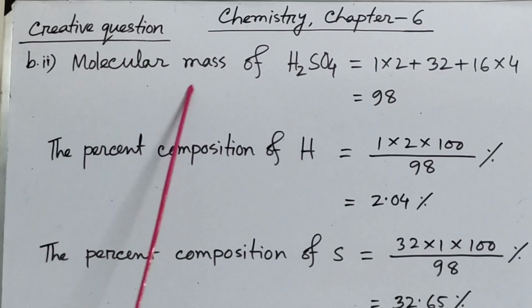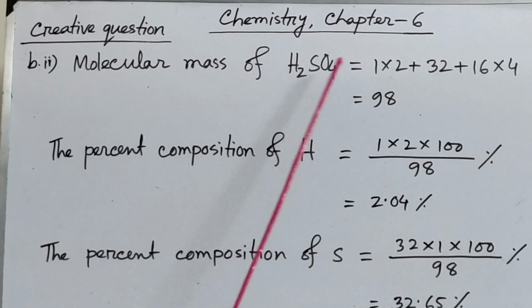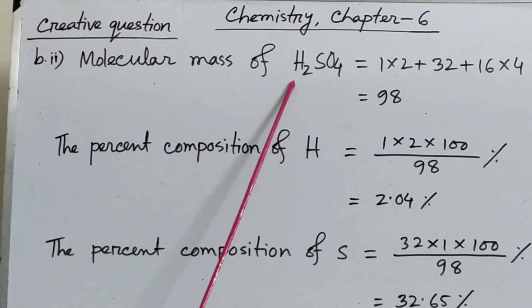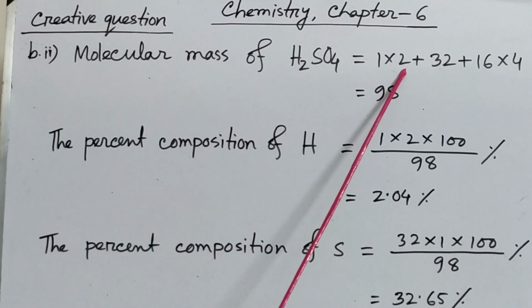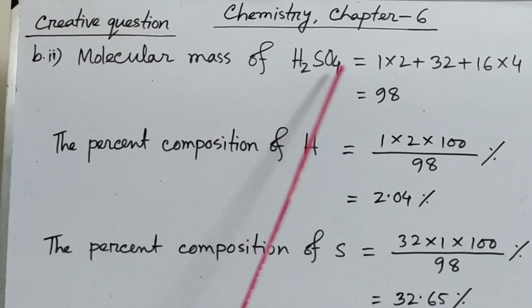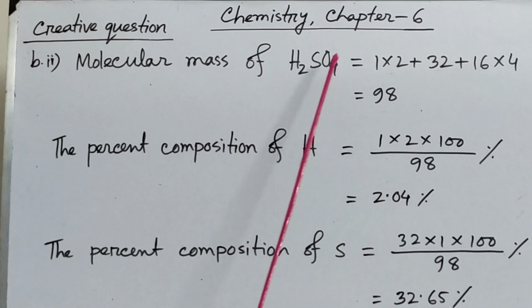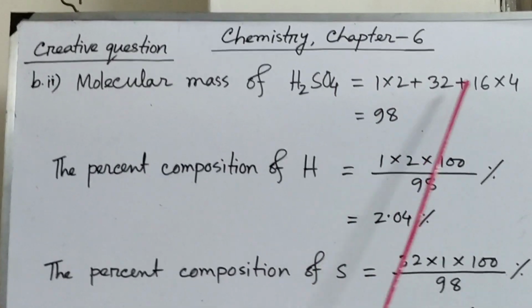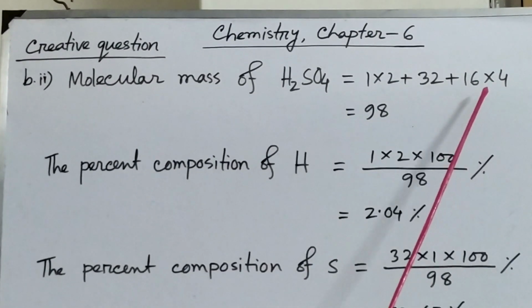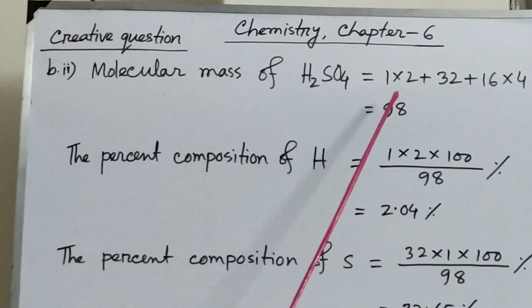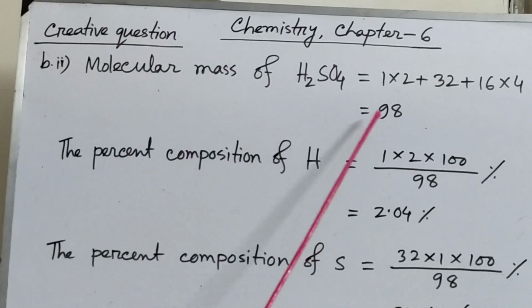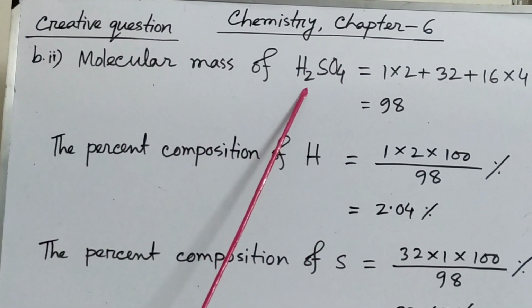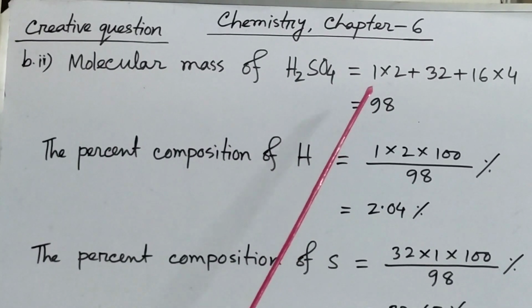So molecular mass of sulfuric acid equals hydrogen atomic mass 1, so 1 into 2 because 2 hydrogen is there. Sulfur atomic mass 32. Then oxygen atomic mass 16, 4 oxygen, that's why it will be multiplied by 4. Now after multiplying, if we add, then it will be 98. That means the molecular mass of sulfuric acid is 98.